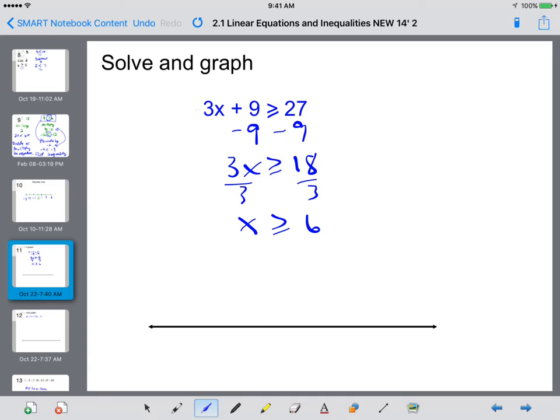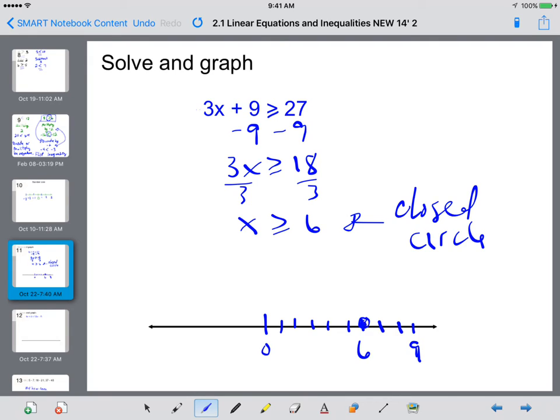On the number line, I'm going to place 0 on the number line. I'm going to go to 6. I'm going to pick a number on the right side of 6. So I've got a number on the right, a number on the left. When there's a line underneath, like this one, it is a closed circle.